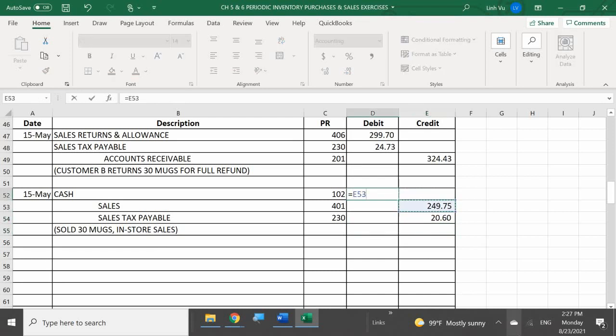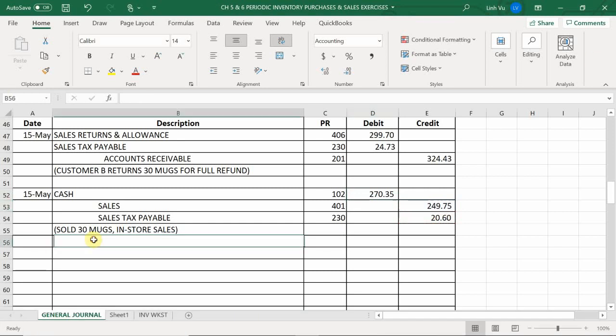So therefore, how much cash am I going to be receiving for the sales? $270.35. Good. All right. And once again, we have in-store sales. We sold 25 mugs. Okay, in-store sales. Good.